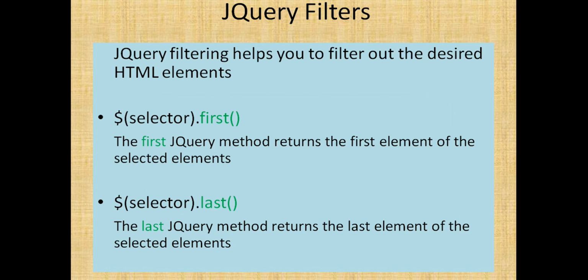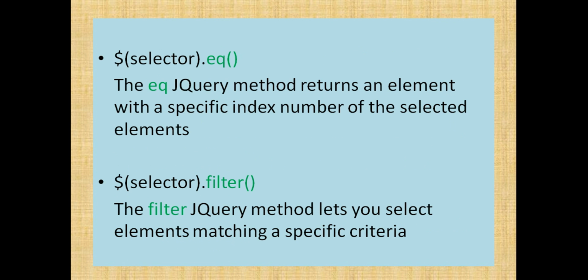Now, the next method is the EQ method. That's the equal method. The EQ jQuery method returns an element with a specific index number of the selected elements.